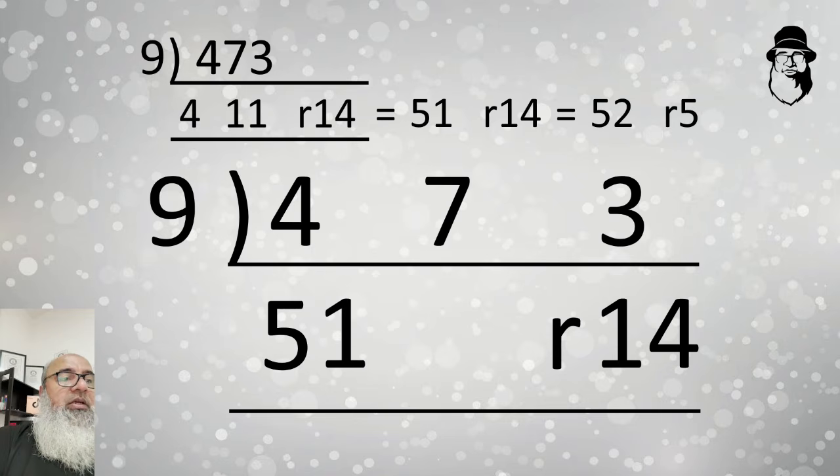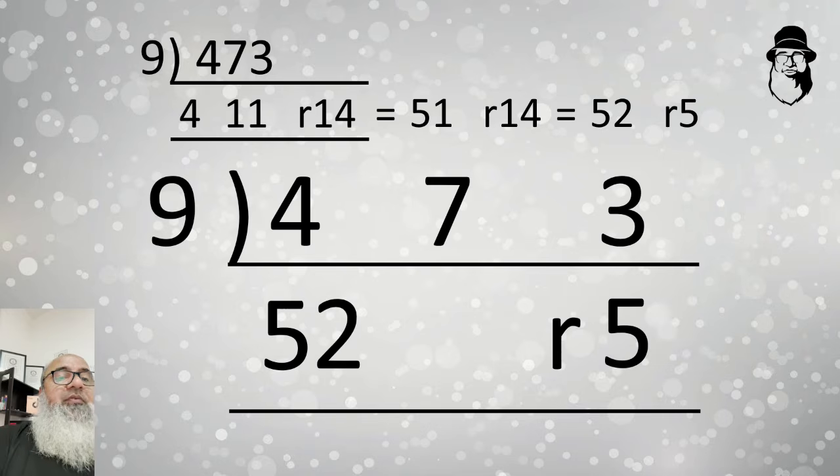But we have remainder 14, so there is also another 9 in the remainder. Remember, 51 remainder 14 means there are 51 nines in 473 and 14 remainder. So seeing another 9 in the remainder means we now have 52 nines and a remainder of 5.